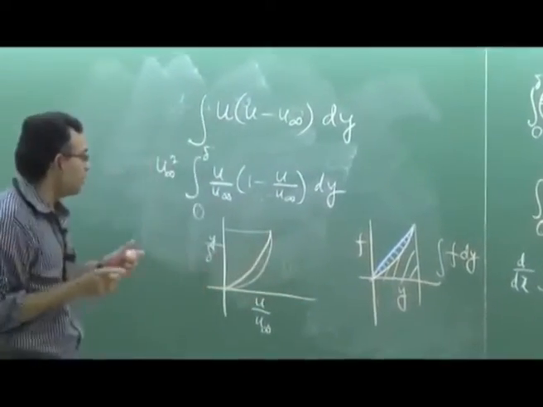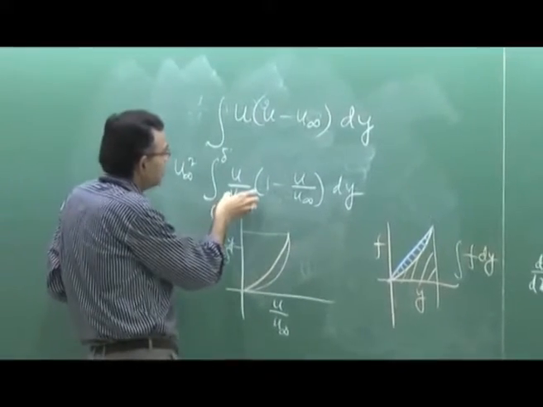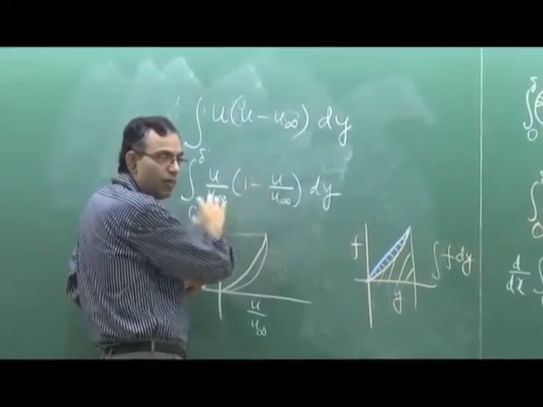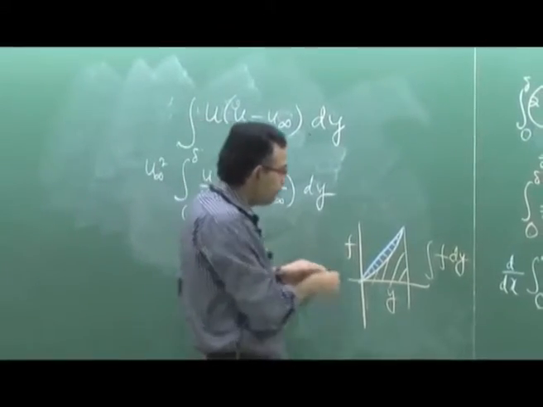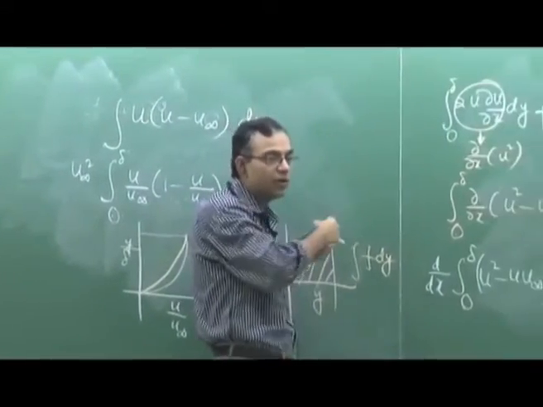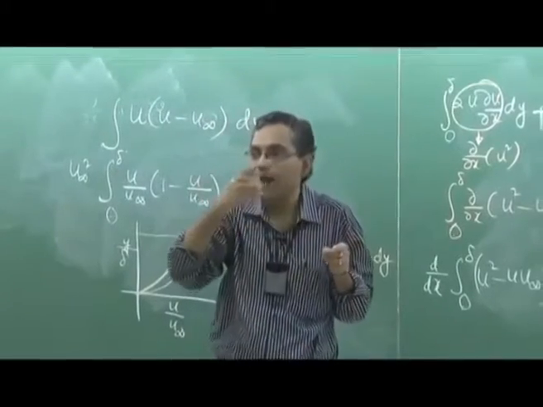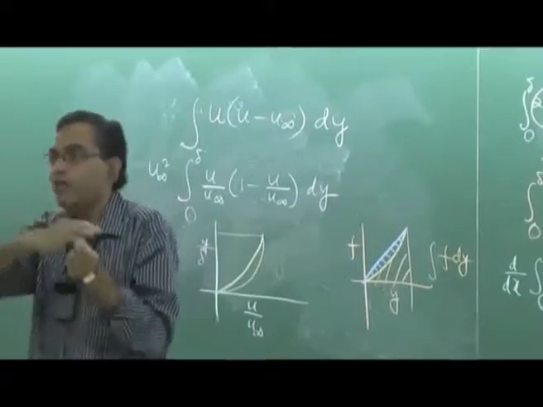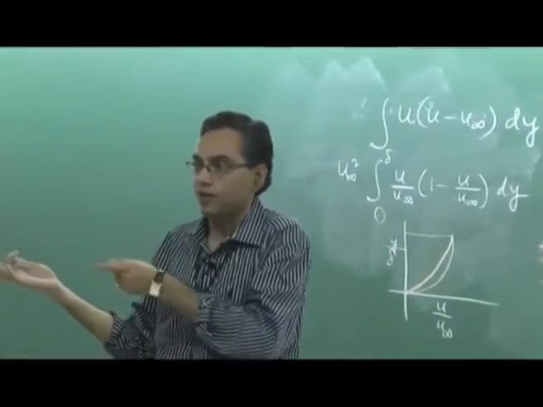The second observation is that here the function is multiplied by its complement 1 minus the function. So if there is some positive error in calculating integral of f dy, that is nullified by the negative error in calculating 1 minus f dy.